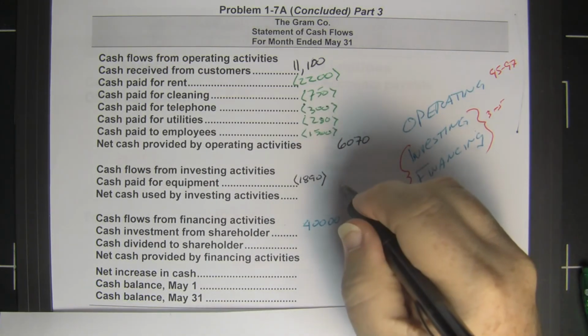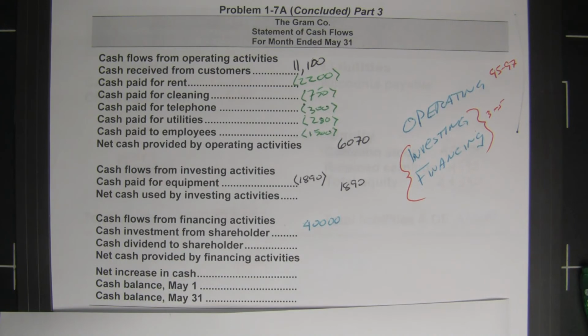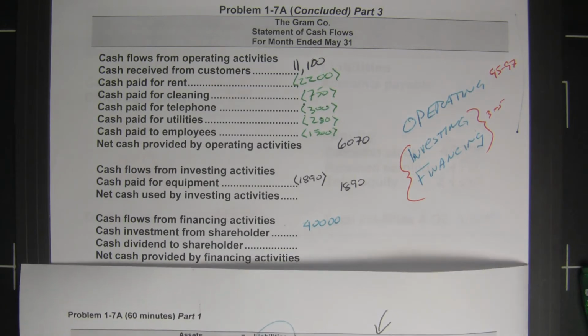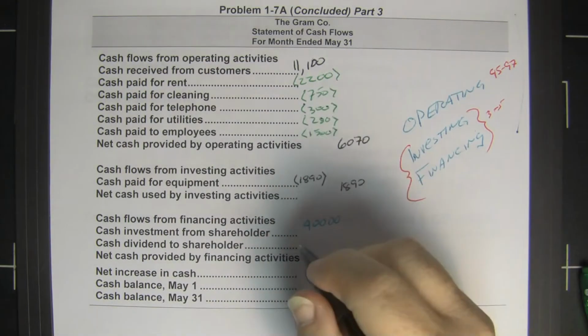Now, in the real world, in your jobs, in your firms, yeah, you could have a jillion of these, but they're all going to be the same. You're just going to have more under each category. And the last thing left. Remember, we paid a dividend to the shareholder of $1,400.